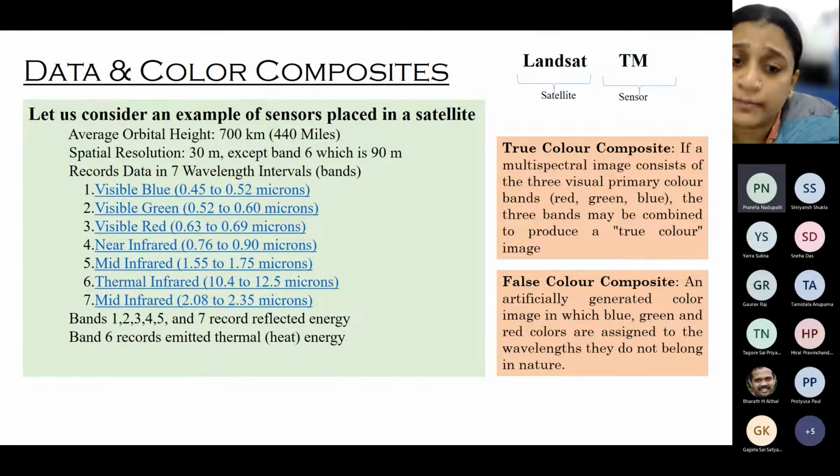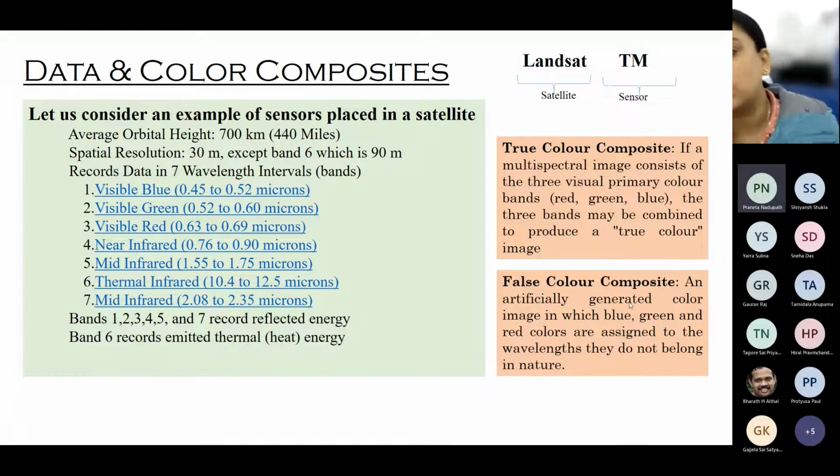But some objects reflect better when they are in the near infrared zone or in the mid infrared zone. And for that we need to make a band composite or an image composite, such that we can easily identify their reflectance. So here we use the false color composite.